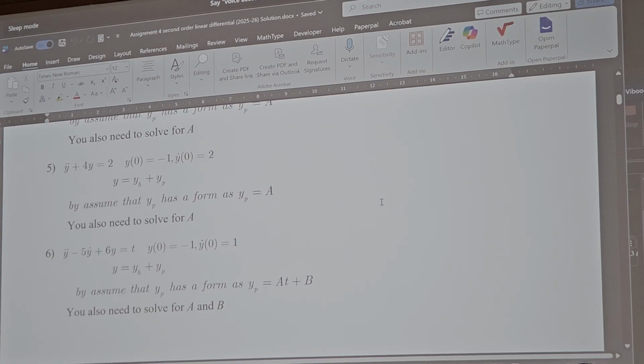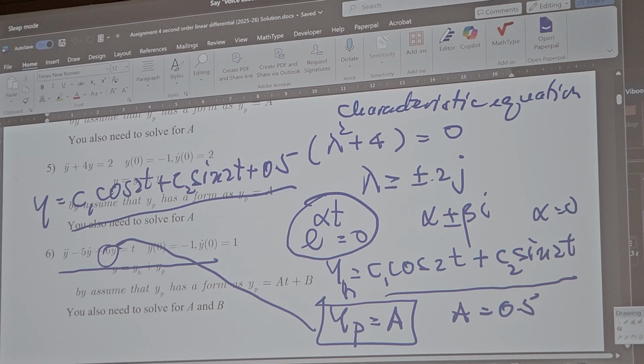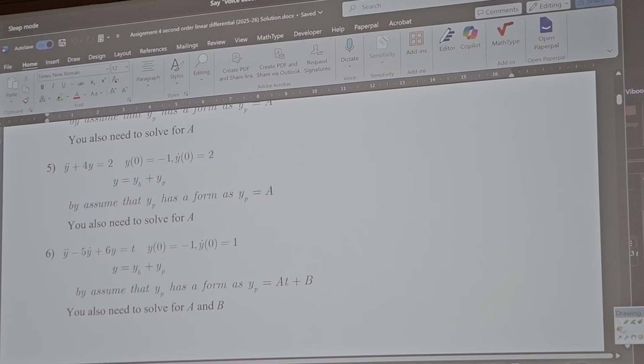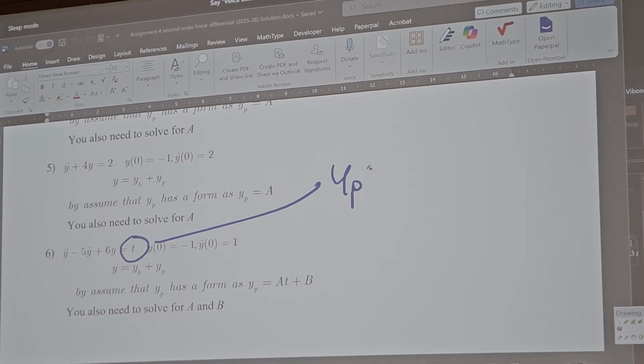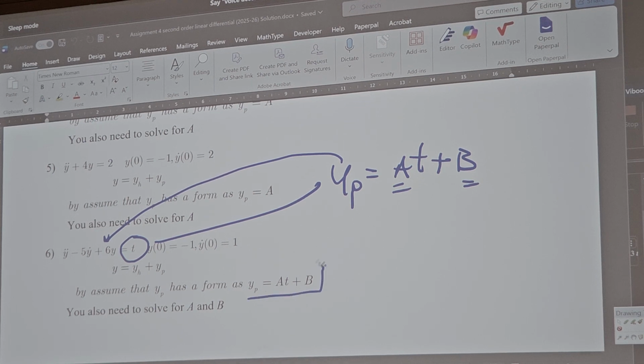If the input is t, one particular solution will be at plus b, and you need to find a and b from this one.